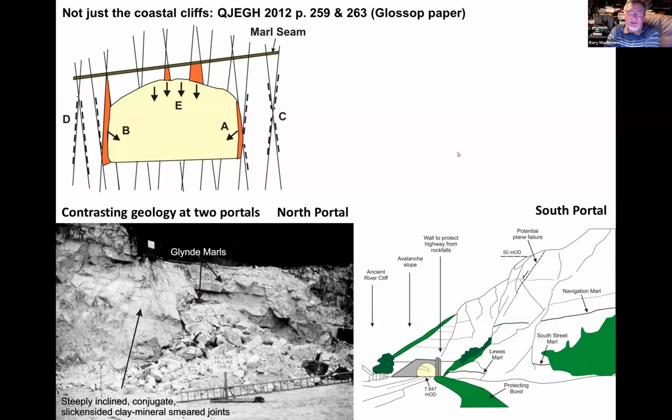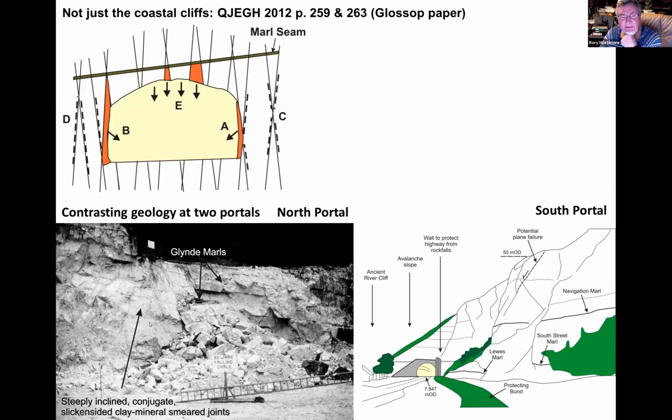And just in case you think that is all purely coastal geology, when it came to the tunnel portal areas for this, in this particular case, it's the A26 tunnel at Lewes. The slope stability here at the North Portal was again controlled by the top end of the New Pit chalk, which is full of marl seams, and you've got these steeply inclined fractures.